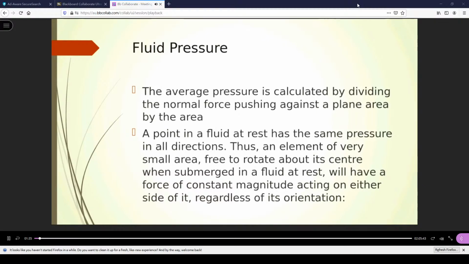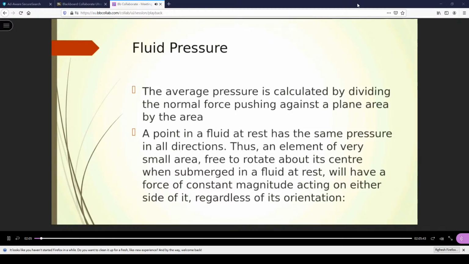The velocity of the particle changes, and that is a change of momentum within a short time. So we have force acting on a plate. The force may be uniform or not uniform. The average pressure is calculated by dividing the total normal force acting on a plane by the area of the plane.